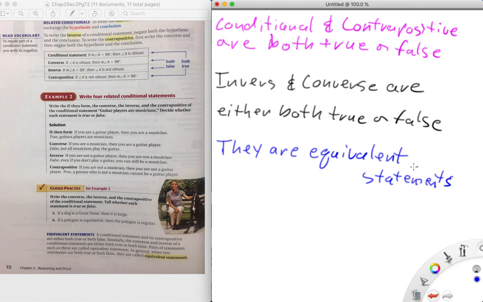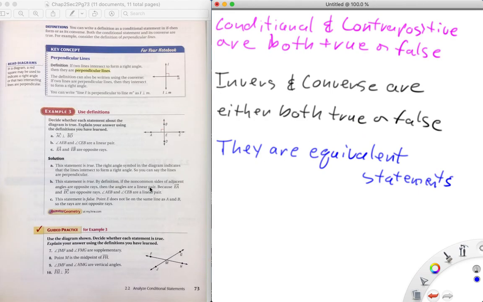Okay. Conditional and contrapositive have to both be true or both be false. The inverse and converse have to both be true or both be false. If that's the case, then we have equivalent statements.